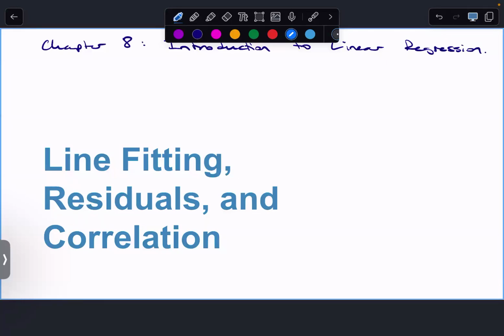And so what is regression? Regression is a line of best fit. So we're just going to spend some time talking about how we make a line of best fit. In fact, we're only going to focus on linear regression, which is a straight line, right?